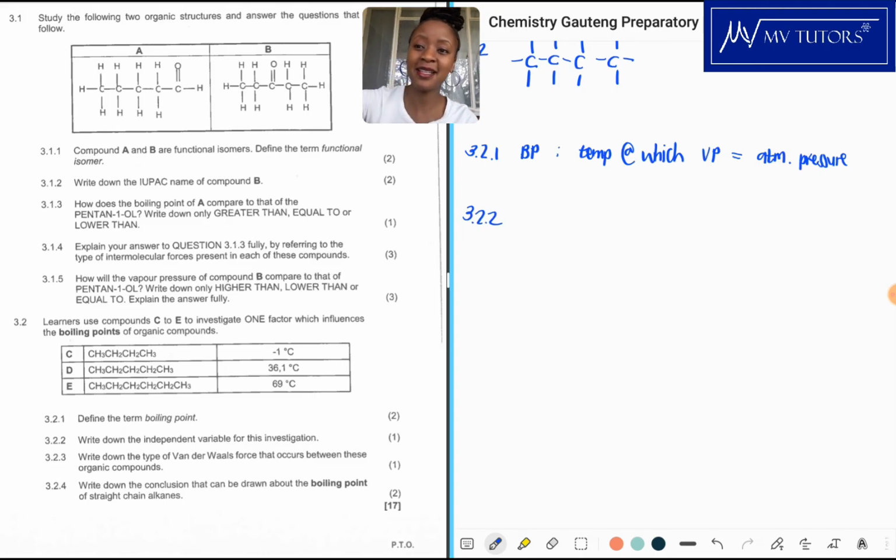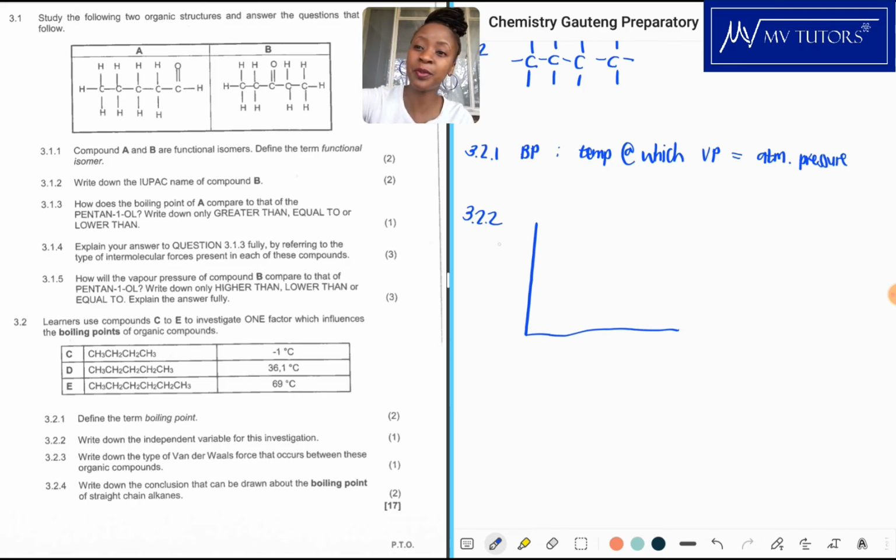In this case, let's say we had a graph with XY axes. Which one is dependent on which? Is the chain length dependent on the temperature, or is the temperature dependent on the chain length? I would say the chain length is independent. You are increasing or decreasing chain length, but the temperature is dependent on the chain length.